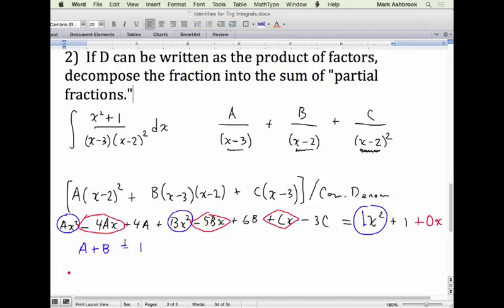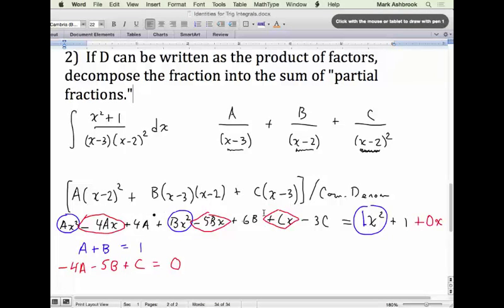Therefore, minus 4A minus 5B plus C equals? Did you catch it? And then finally we got constants. 4A, 6B, minus 3C equal to? 1. There's my constant, 1.